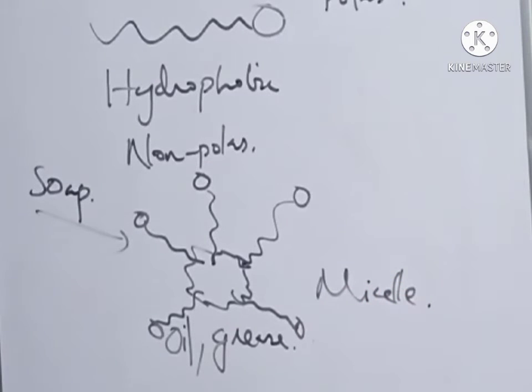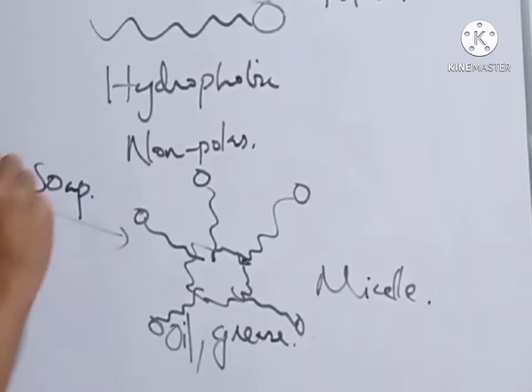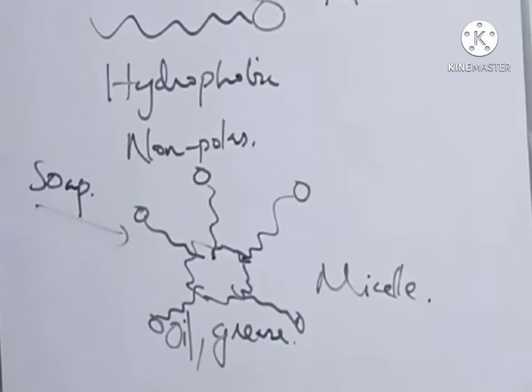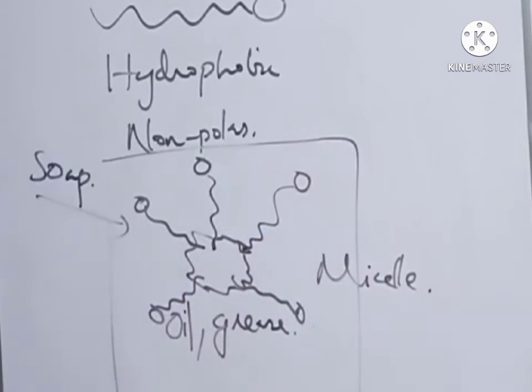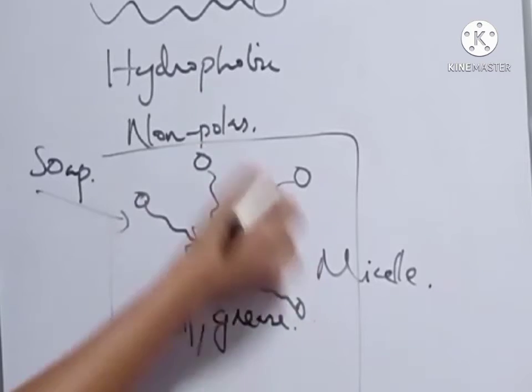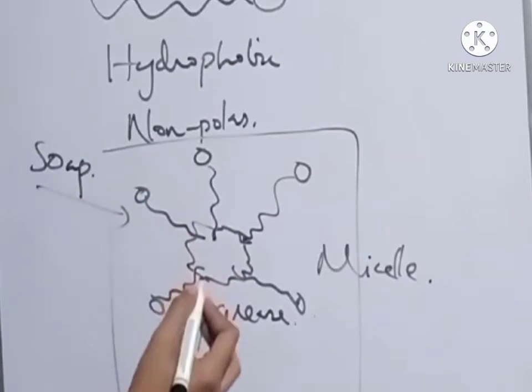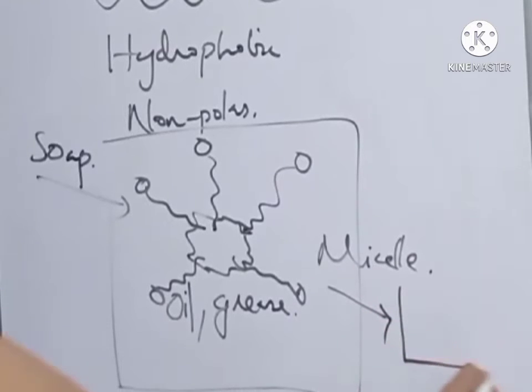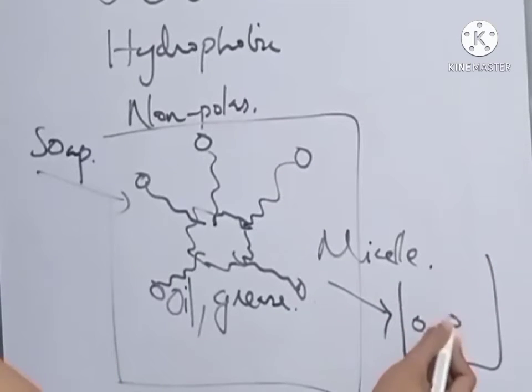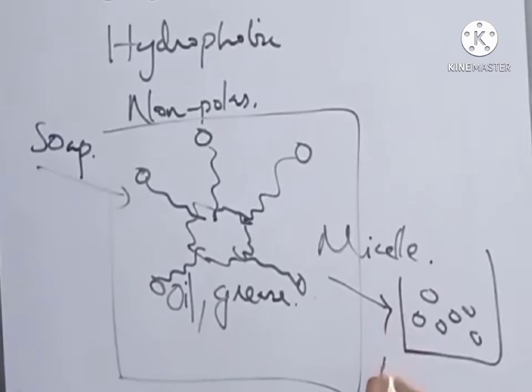By mechanical and physical actions like rubbing and tumbling, the micelle will be dislodged from the cloth. So by using enough water, we can easily remove dirt from cloth. And this molecule dislodged from the cloth forms an emulsion in water.